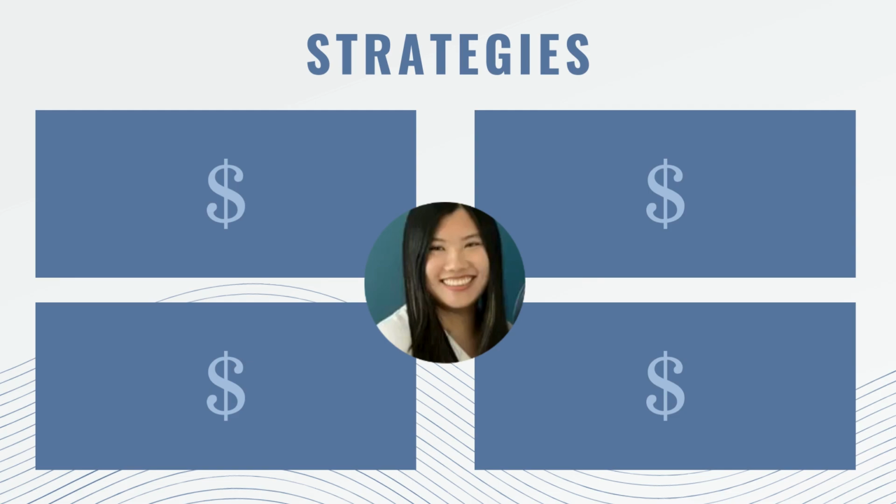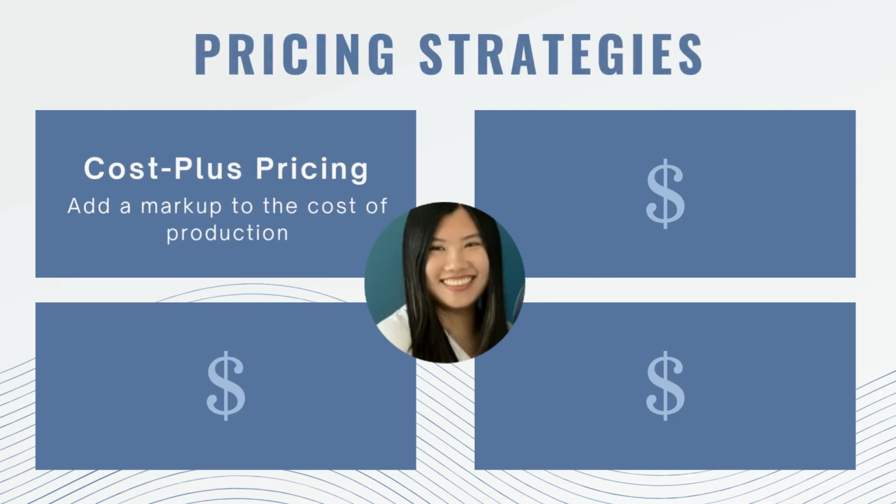So we know the considerations. Now let's start with the strategies of developing a pricing strategy. When it comes to strategies, you want to think about cost-plus pricing. That's adding a markup to the cost of production.